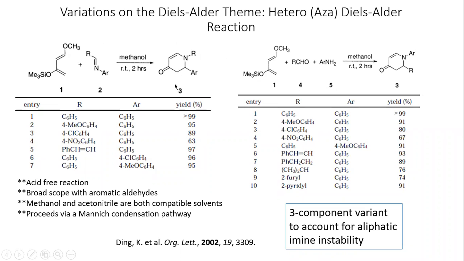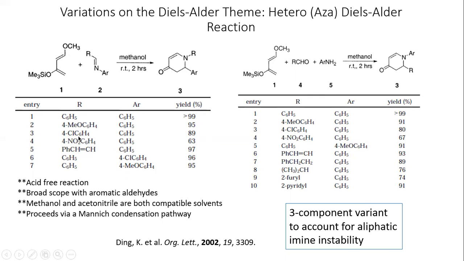That's an important aspect of the reaction because now you're making heterocyclic rings with stereochemistry, which is a good thing, especially when you think about application to some larger motif where you're doing a natural product synthesis or something to that effect. If you look at the yields, this is a very high yielding reaction from 63% all the way up to greater than 99% yield. And the scope is good, right?